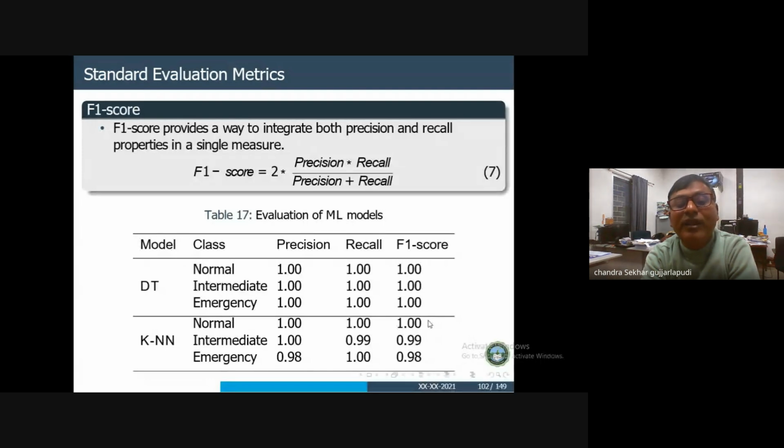Similarly for the KNN model, 1 for the normal case, recall is also 1, corresponding F1 also 1, and for the intermediate case 0.9, and like that. These are the metrics through which we can assess the classifier.